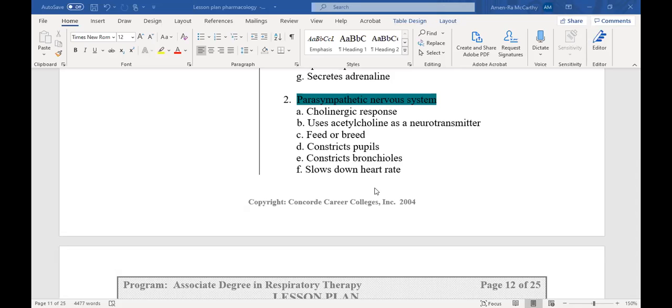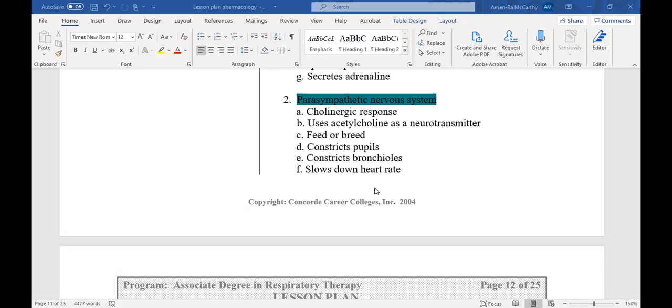Pupils constricting. Ms. Scott, what's something else that happens? Your heart rate is slowing down. Slowing down, good. And what's the main thing for respiratory, Ms. Rose? Constriction of the bronchioles. That's what we're mostly concerned about, right?